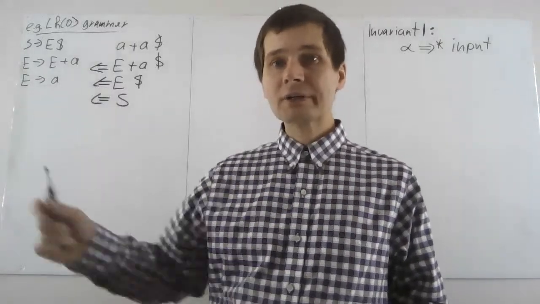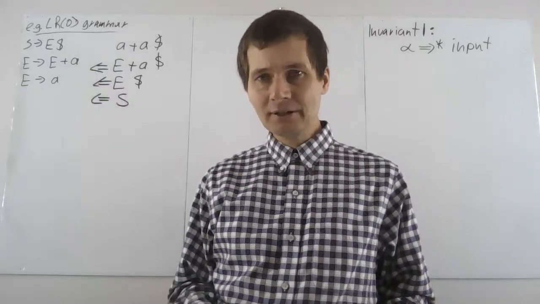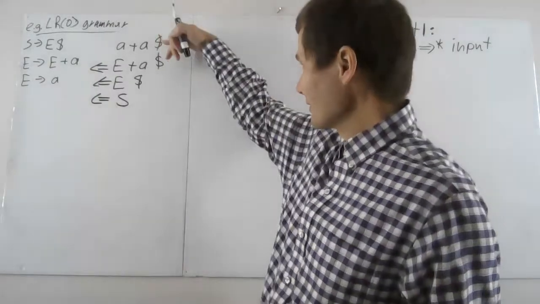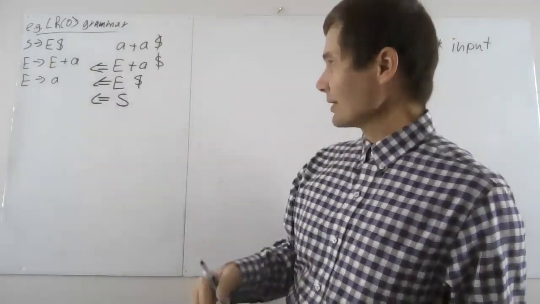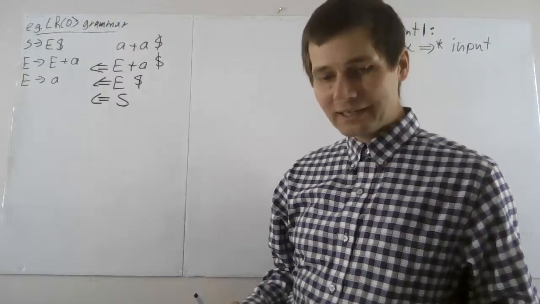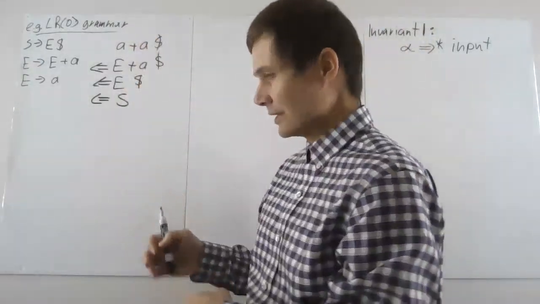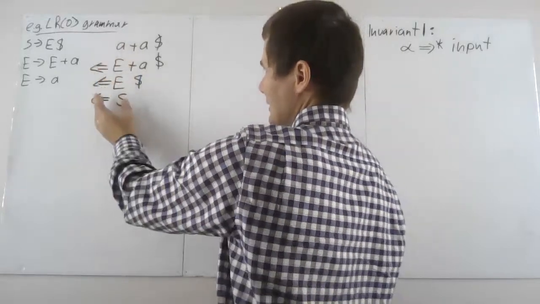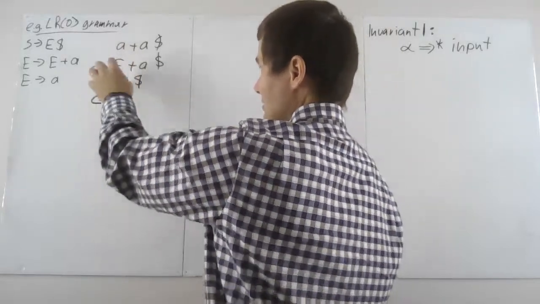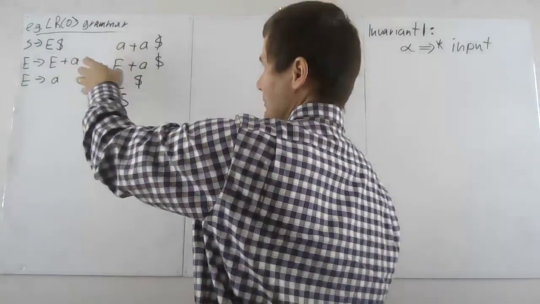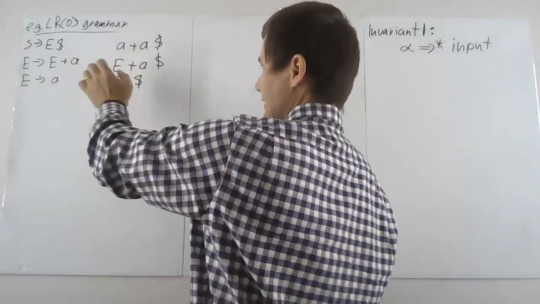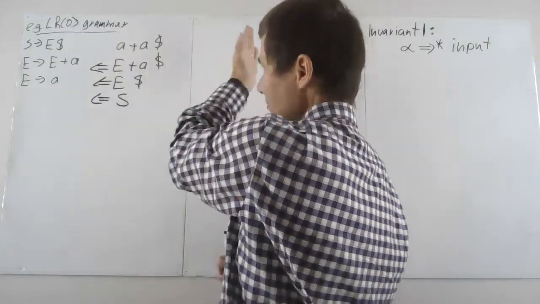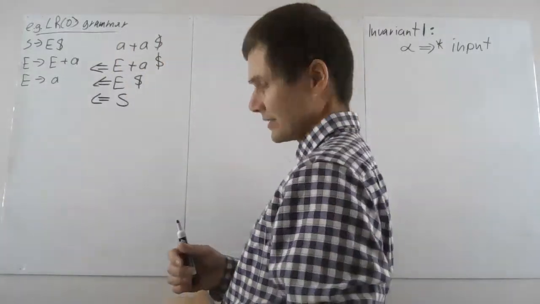So we're also going to use a stack here, and each of these is one of the values of alpha. If you look at what's going on here, it's on the left side of alpha where things are changing, where we're applying rules. And we always want to apply production rules on the left side. And then the rest of it is the input that we haven't processed yet.